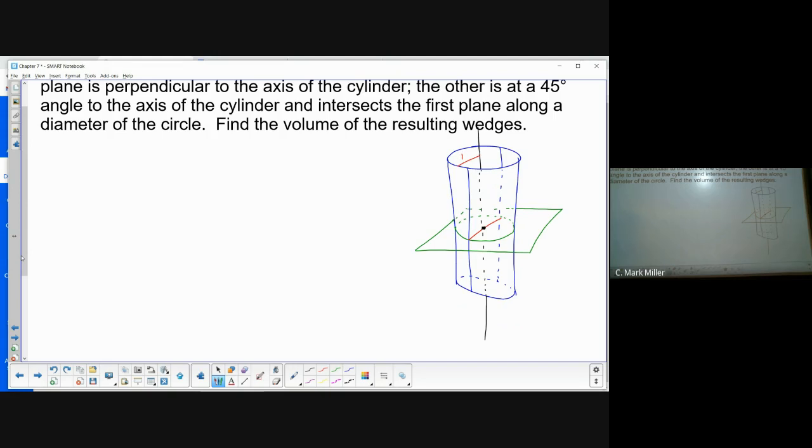We have another plane that intersects at a 45-degree angle to this plane, and it goes through that diameter. Now, this is going to be the hard one to draw. What color should I make this? I'm going to make it green as well. So it's going to be that.